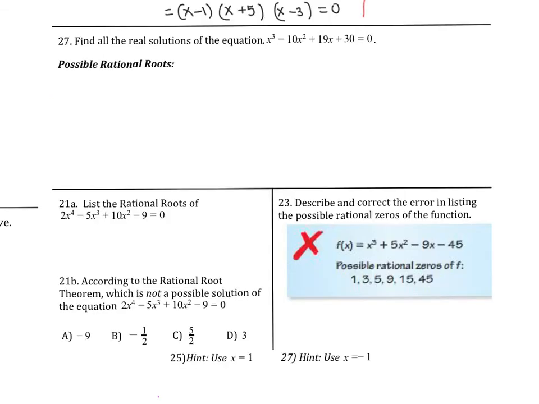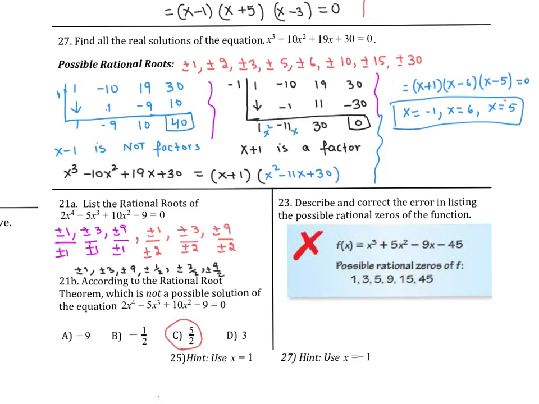Now I'm going to do question number 27. Find all real solutions of the equation x cubed minus 10x squared plus 19x plus 30. The possible rational roots are factors of 30 divided by factors of 1. I don't write the 1 underneath because it gives the same factors.